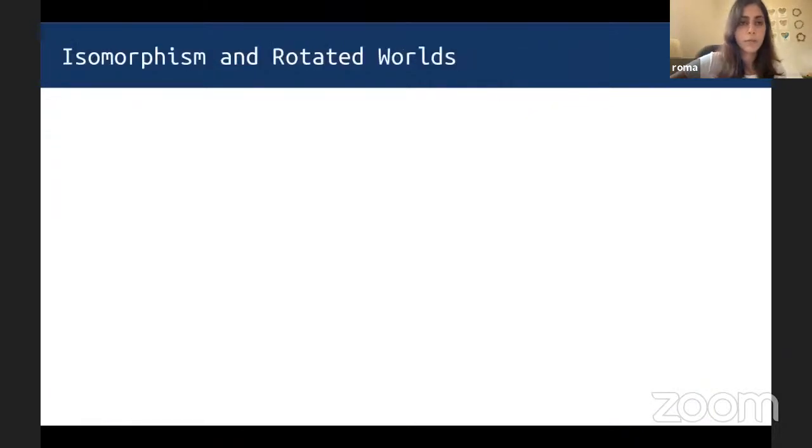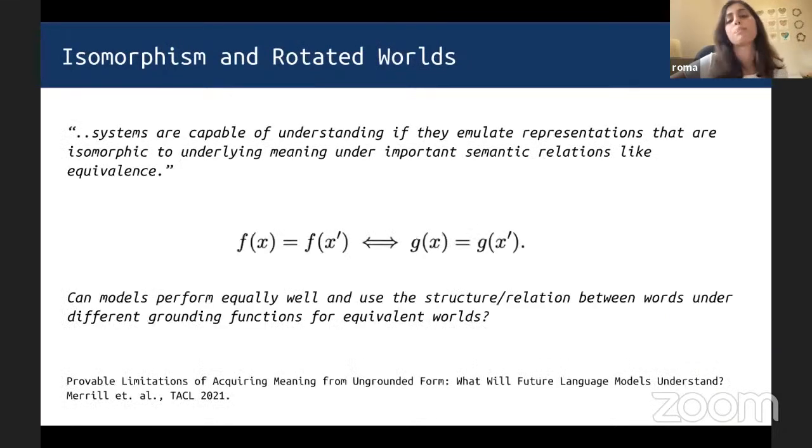To try to get away from this, what we do is use the concept of isomorphism and rotated worlds. So this paper at the bottom tried to evaluate language models in lots of different synthetic ways. And what they've said is that we can say that systems are capable of understanding if their representations are actually isomorphic to the underlying meaning in lots of different worlds.